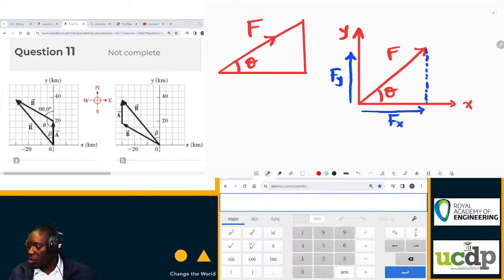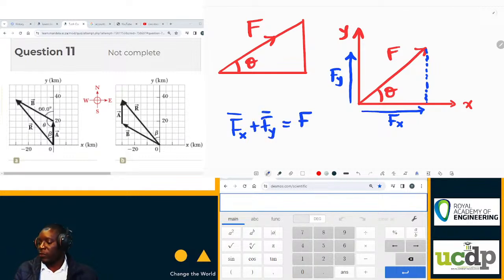Fy can be equivalent to the parallel line that's running from the head of fx upwards to the end of the vector f, to just complete the vector addition: fx plus fy, the components, equals f, the whole force. So these components are adding as vectors to give the vector f in full. So f is like a resultant of its own components. That's basically what we are doing when we are resolving a vector into components.